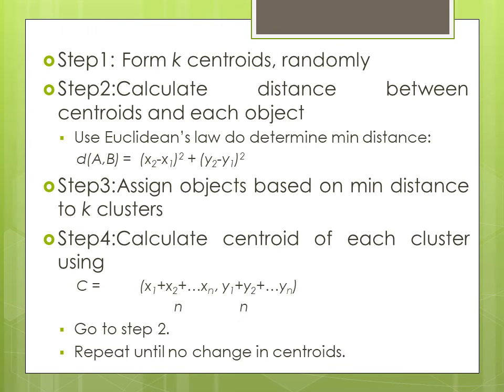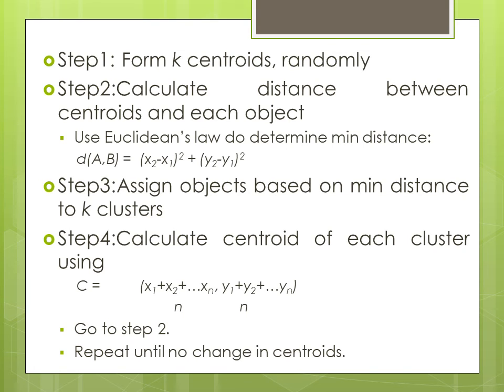Based on that minimum distance, my data object will be assigned to that particular centroid cluster. Once that is done, in step number 4 I have to recalculate the centroid for each of the clusters.